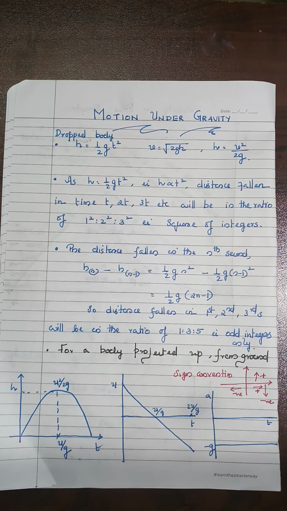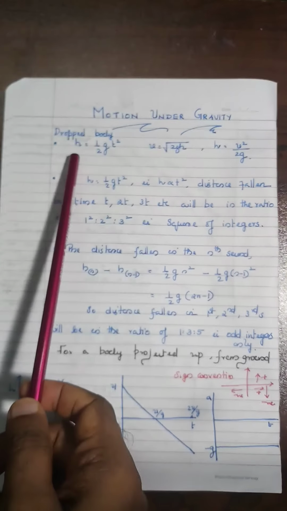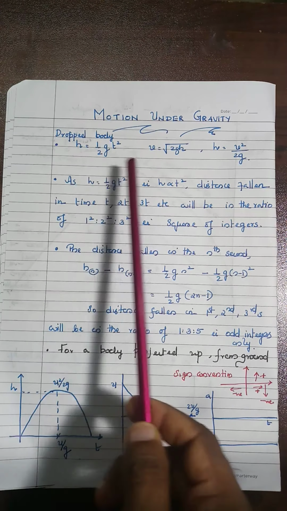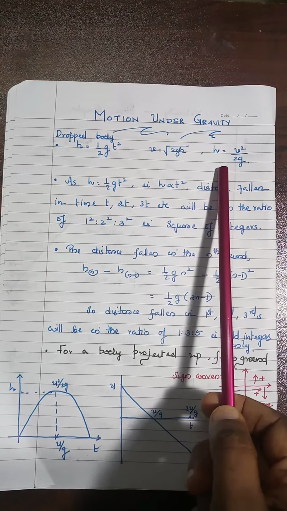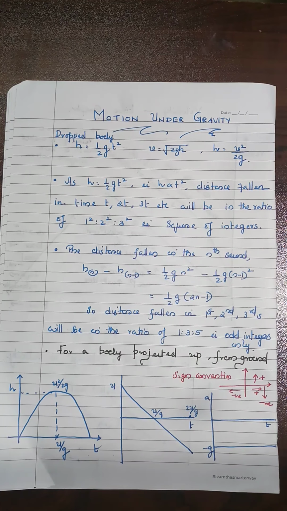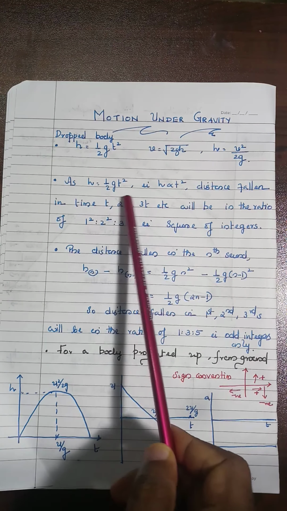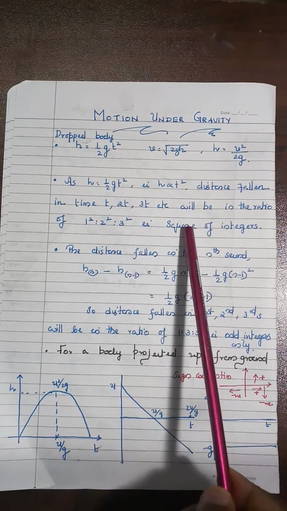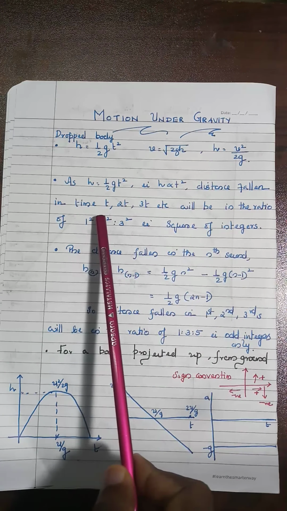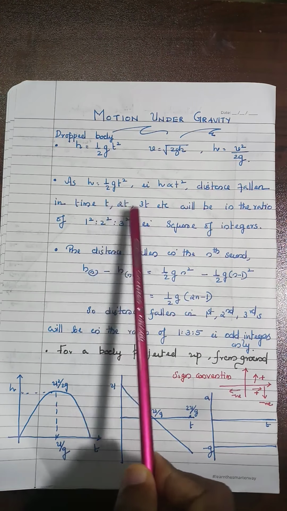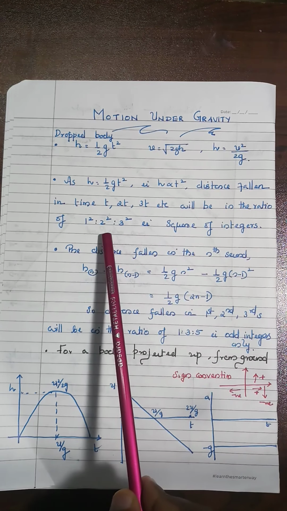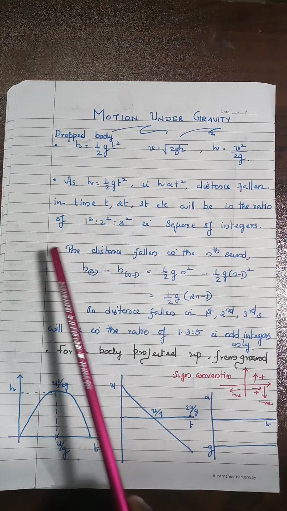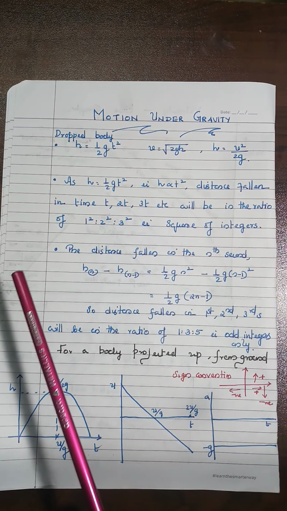See, for a dropped body, we can easily write the height as half g t square, the velocity as root 2gh, and h is equal to v square by 2g. For a dropped body, h is proportional to t square. Then the distances fallen in time t, 2t, 3t, etc. will be in the ratio 1 square, 2 square, 3 square, the squares of integers.